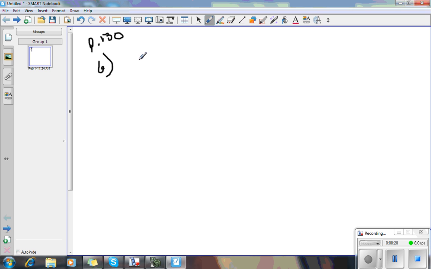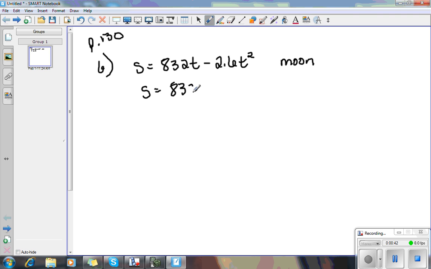A bullet fired straight up from the moon's surface would reach a height of S equals 832t minus 2.6t squared after t seconds. So this is the moon. On Earth, in the absence of air, its height would be S equals 832t minus 16t squared after t seconds.